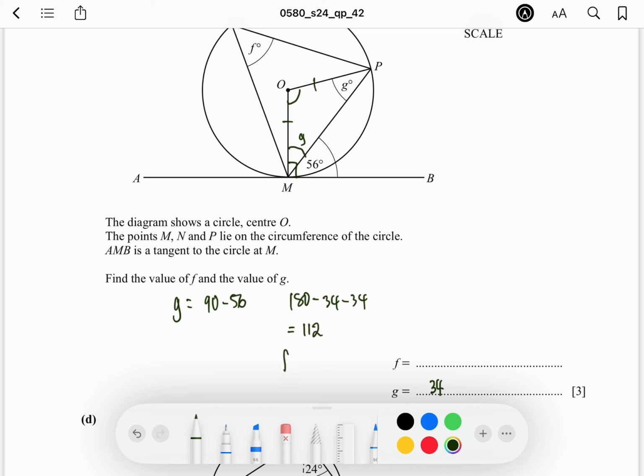So artinya F is 112 divided by 2 equals to 56. Okay. Kalau ikut marking scheme, 56 ni 1. Yang ni is 2. Does that help? Did you get that 2 marks? Okay, alright.